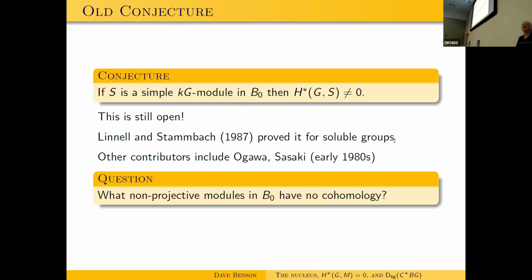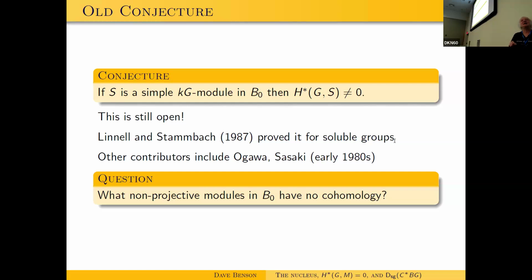So, if you take the product of two finite groups, is there a relationship between their nuclei and the components? Never thought about that. No, there isn't.